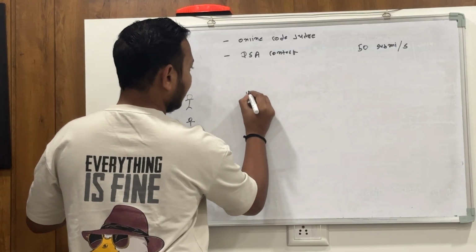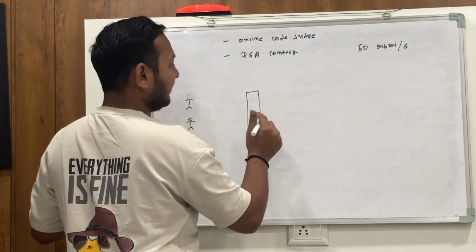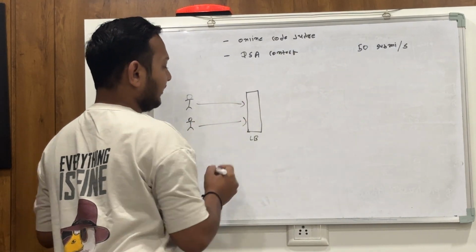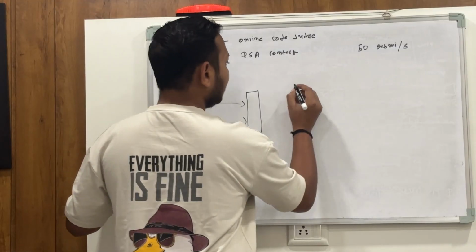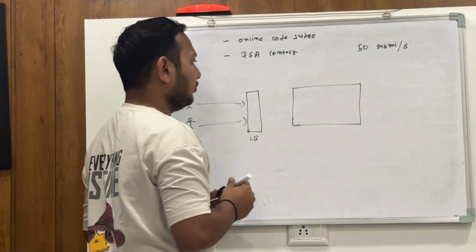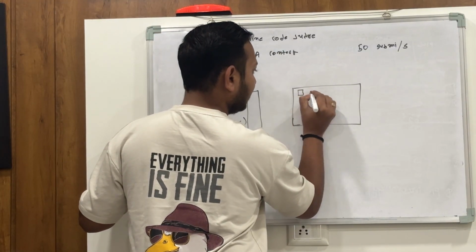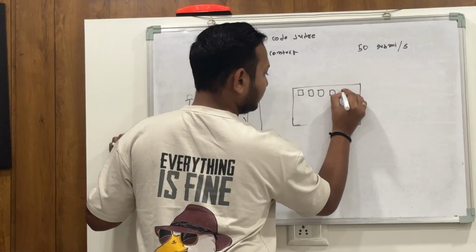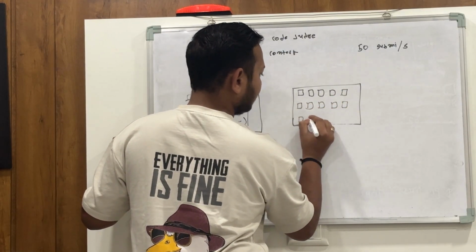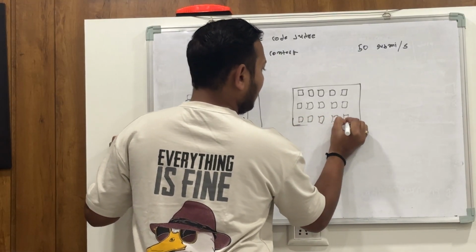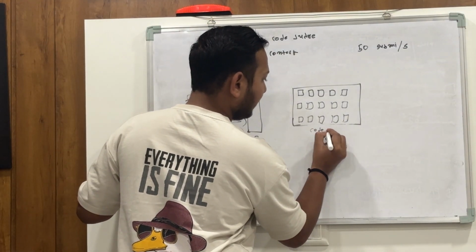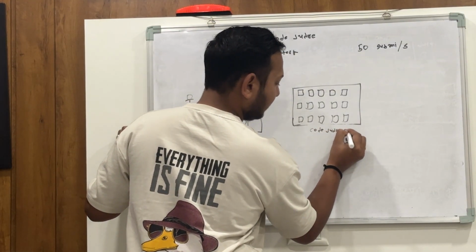Now there is one load balancer in front of the servers. The request comes to the load balancer, which will transfer it to the online code judge app server. So there are 500 of them. So this is the code judge app server.